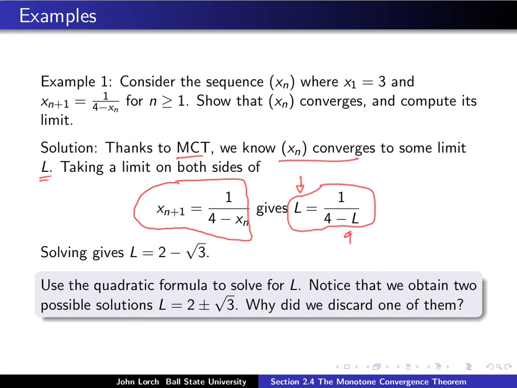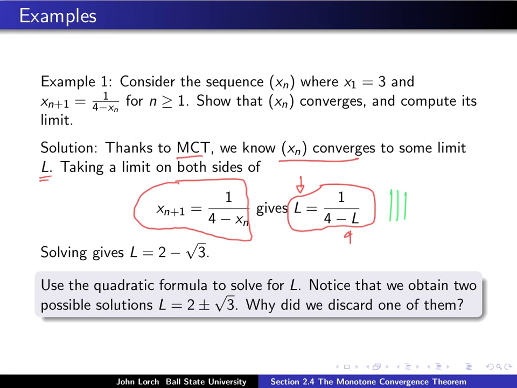Okay, now here in this box, there's a little job for you to do. You might notice that in this equation, the one that you solved for L, how do you do that? Well, you're going to clear the fraction, multiply both sides by 4 minus L. When you do that, you're going to get a quadratic equation in L that you'll need to use the quadratic formula for.